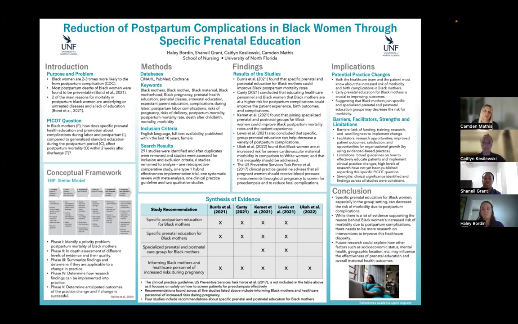How we conducted our search, we started by searching the databases CINAHL, PubMed, and Cochrane. We used keywords such as Black mothers, Black maternal health, Black motherhood, Black pregnancy, prenatal health education, antenatal education, expectant parent education, complications during labor, postpartum labor complications, risks of pregnancy, risks of delivery, postpartum mortality rate, death after childbirth, mortality, and morbidity.